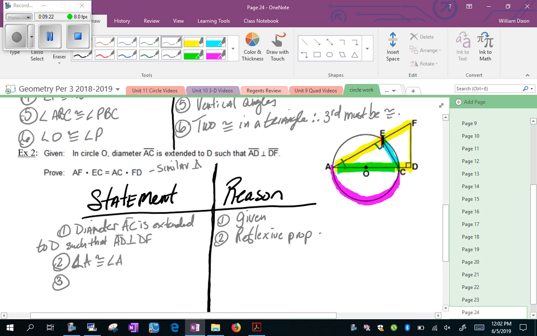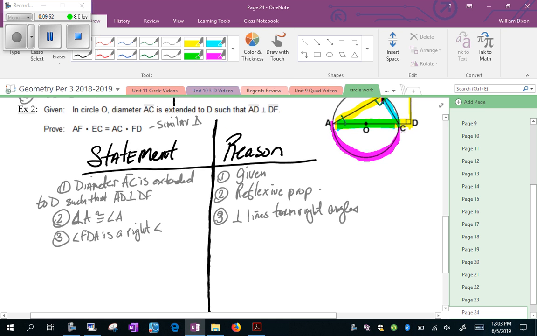I have angle FDA is a right angle. And that reason is perpendicular lines form right angles.